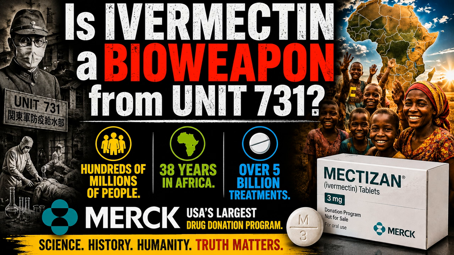So why didn't ivermectin usually harm mammals? Well, when Japanese scientists, and you're going to pay attention to these Japanese names, I'm going to make it as easy as I can because down the road here I've got a bunch of Japanese names, because here's my thought. I believe 100% right now, and I have no reason to bury the lead, that this ivermectin came out of Unit 731 in Japan. And you're going, oh, how could you have come up with that? Well, trust me, I did the work, okay?